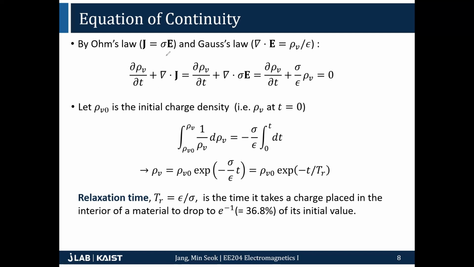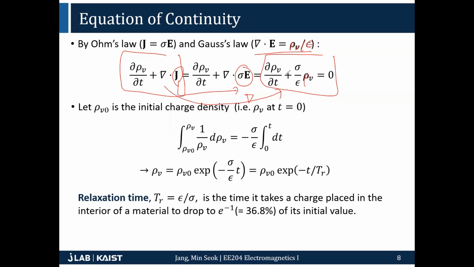from the equation of continuity, we know that J is sigma E, and from Gauss's law, divergence of E is rho V divided by epsilon, right? So we can write the equation only for rho. The equation of continuity is now converted to an equation for the charge density.